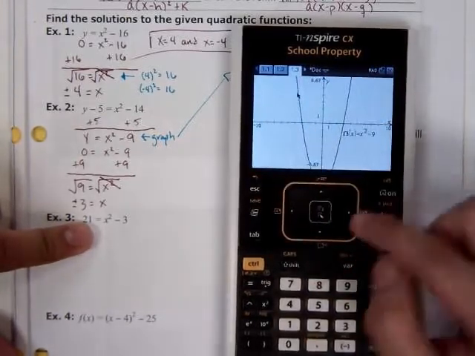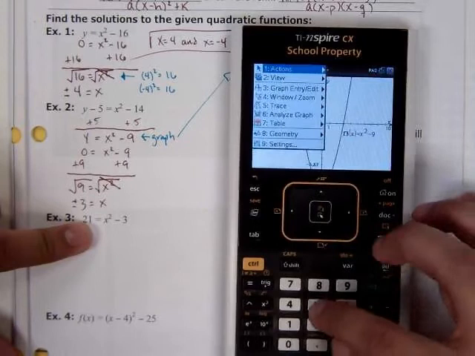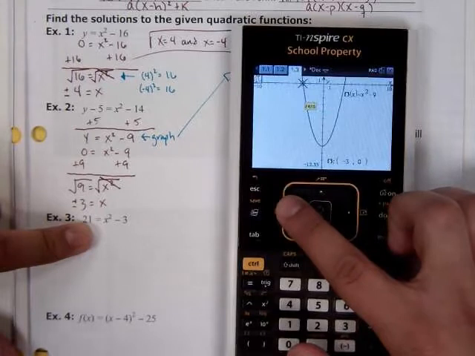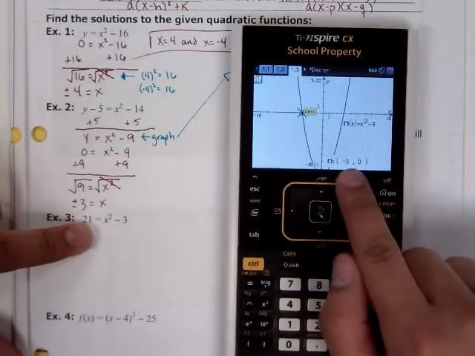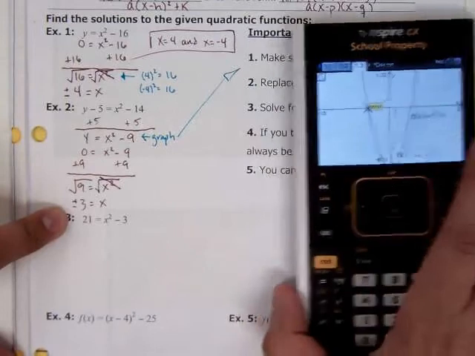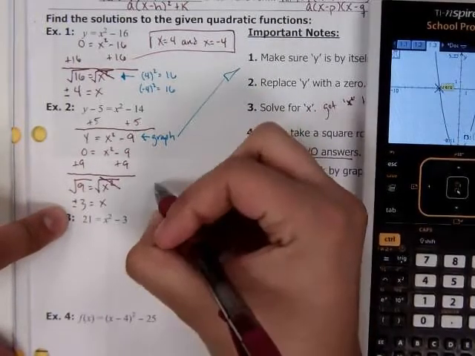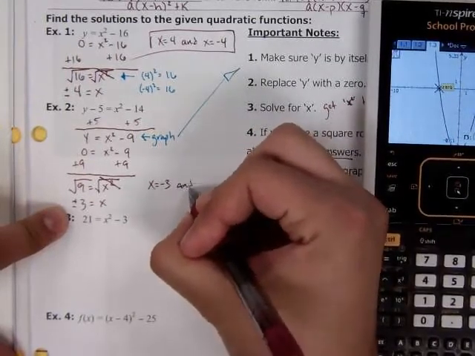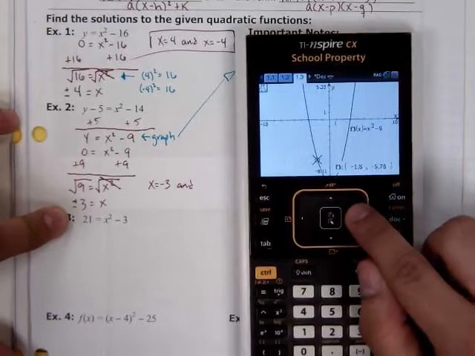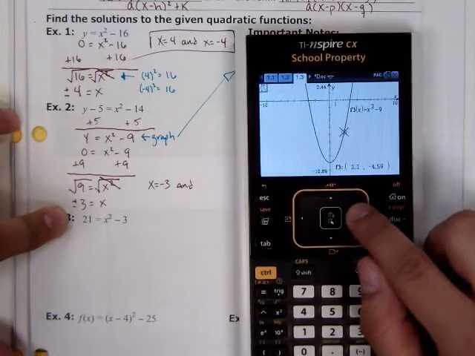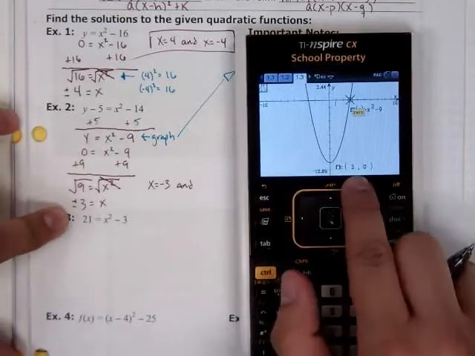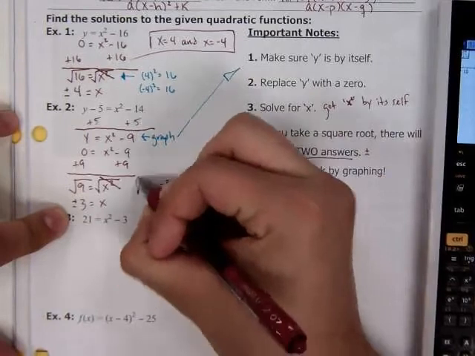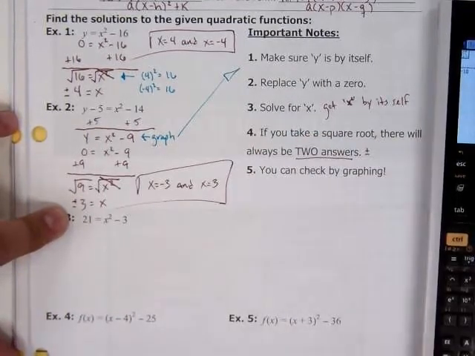Now we're looking at our x-axis. Where does this graph cross the x-axis? Our first 0, negative 3, 0. So that means x is equal to negative 3. And we have another 0 at 3, 0. So that means x is equal to positive 3. And those are our two answers.